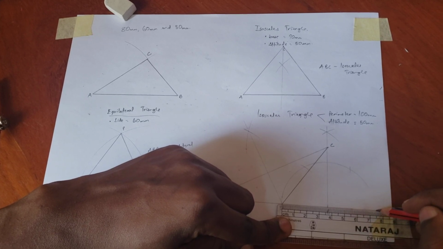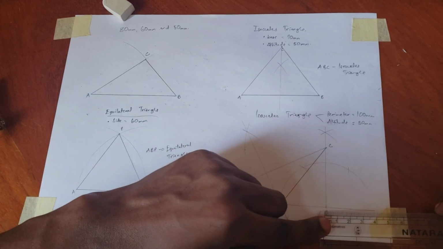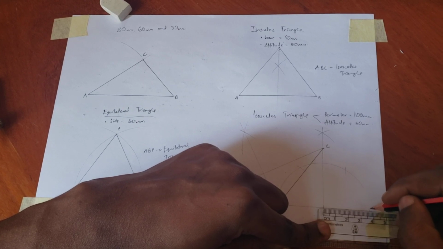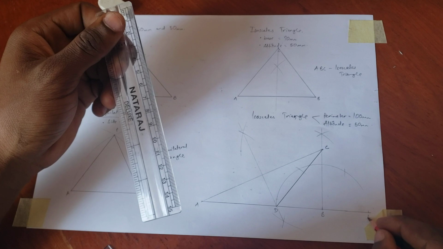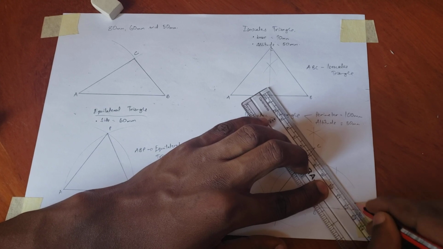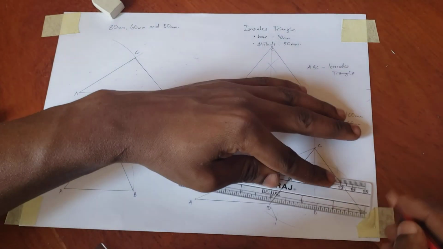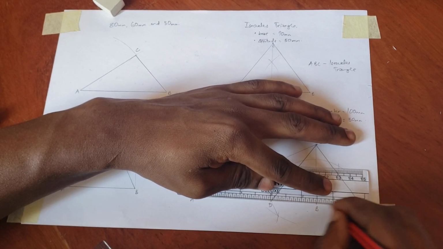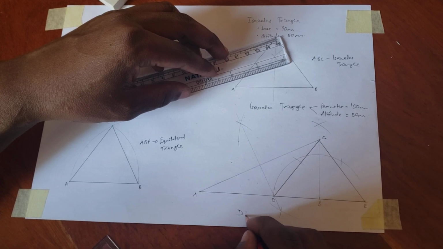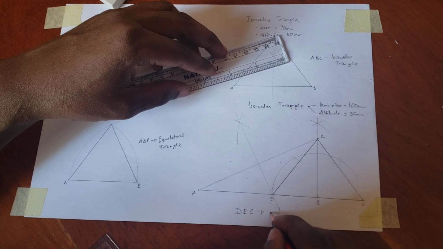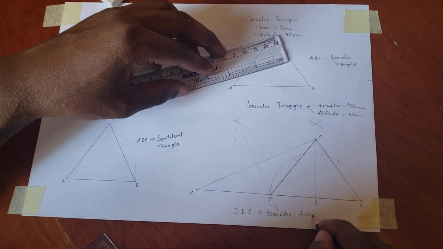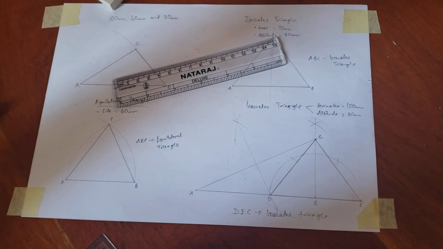Okay, then we add 3.7 centimeters. Now here we may name it as point E. Then we join point E with point C. Okay, now here is the complete DEC isosceles triangle. Thank you.